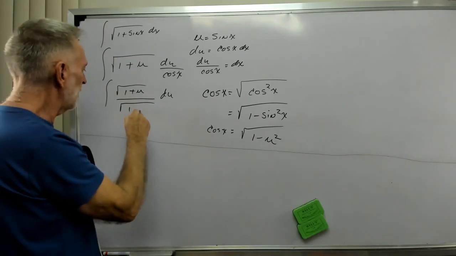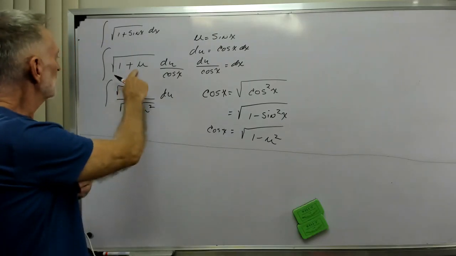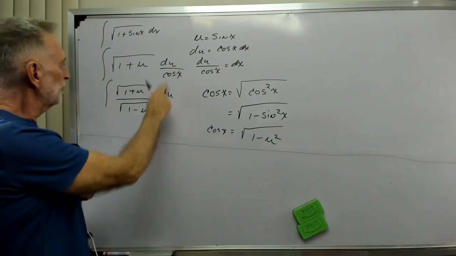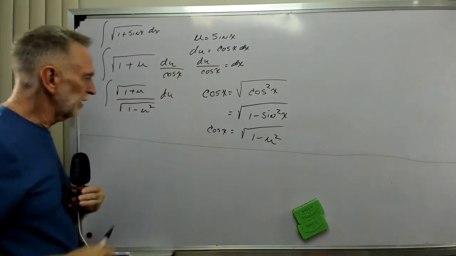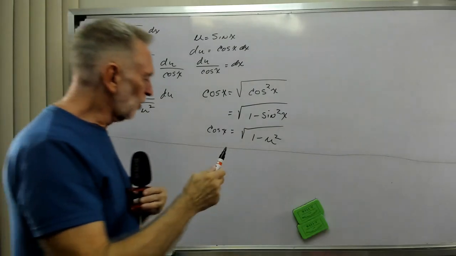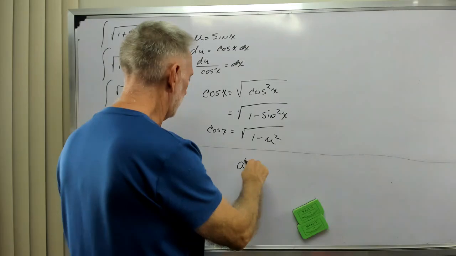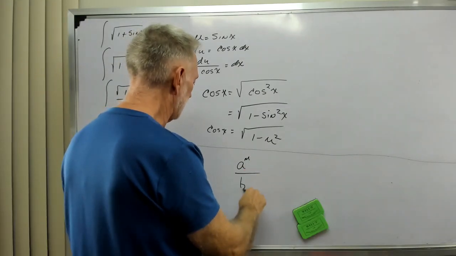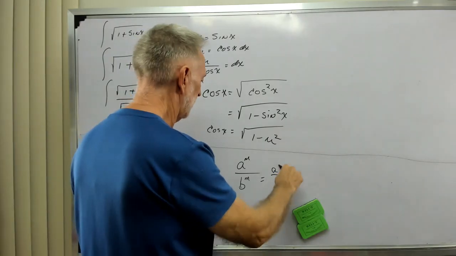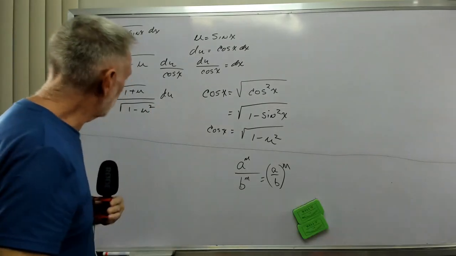So that's 1 minus u squared, where this was 1 plus sine x and times du over cosine x. Now you recall one of the old algebraic rules: if I have a to the m divided by b to the m, that's a over b to the m. I have that scenario here.